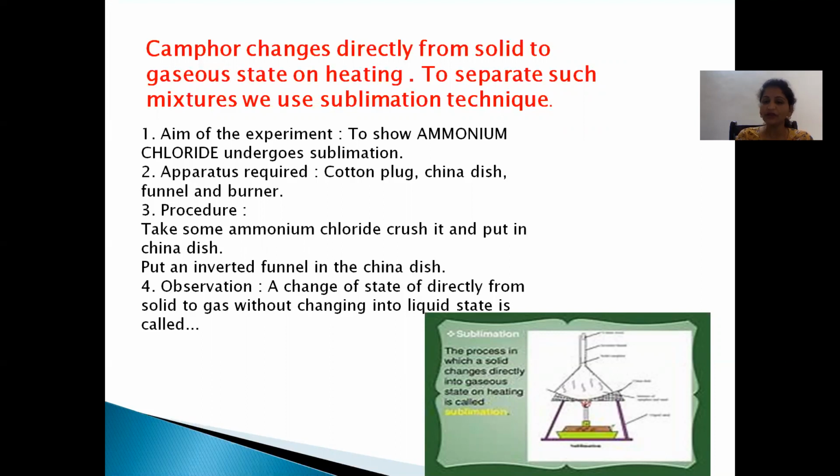The process in which a solid changes directly to gas on heating is called sublimation. Here I have taken a small example of the sublimation technique, camphor. Camphor, on heating, changes directly from solid to the gaseous state. To separate mixtures like these, we use this sublimation technique.